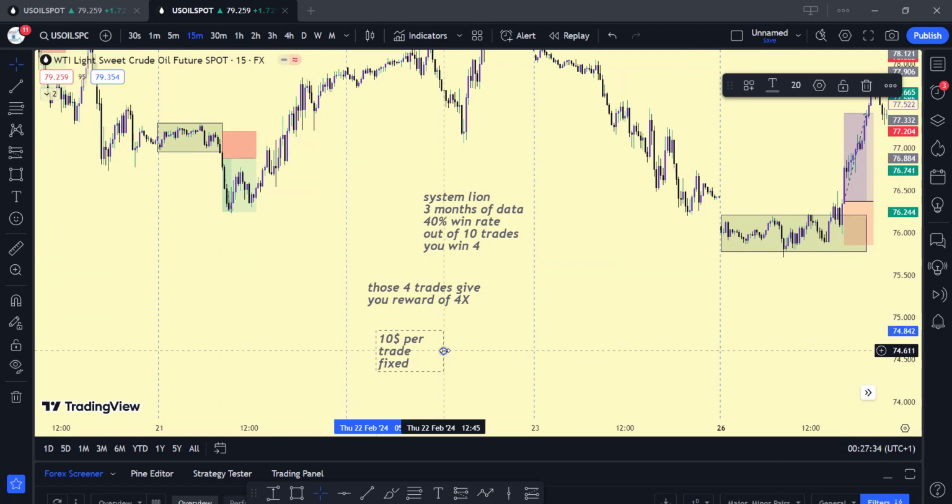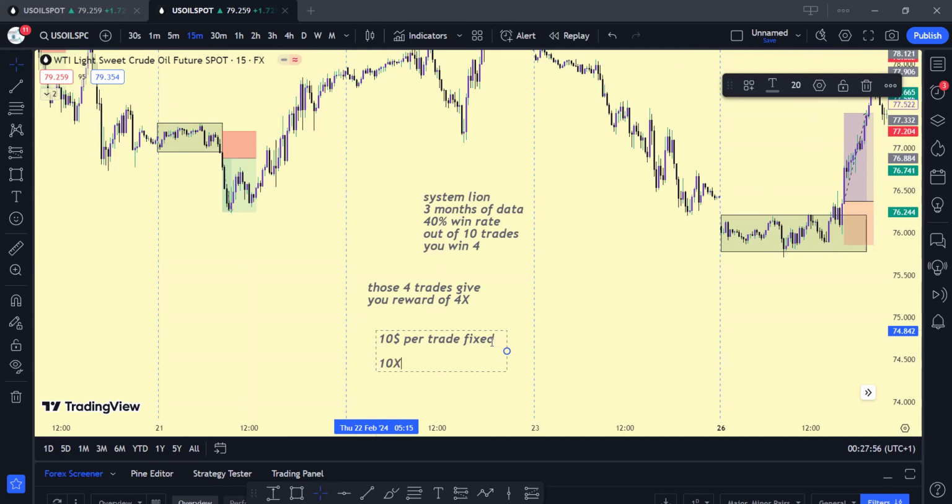This is your risk per trade. For every loss, you lose $10. For every win, you are guaranteed to make at least $40. So out of 10 trades, you lost 6.